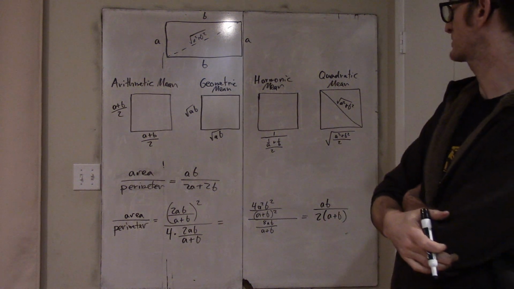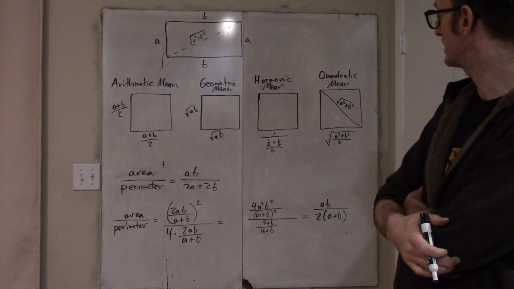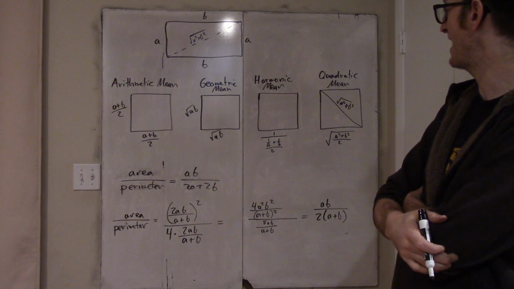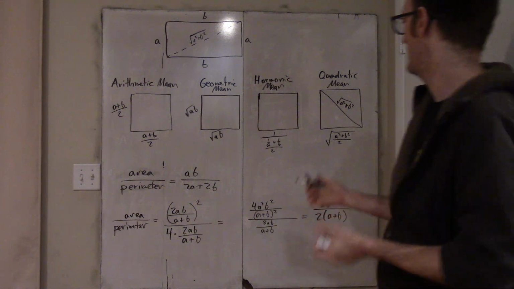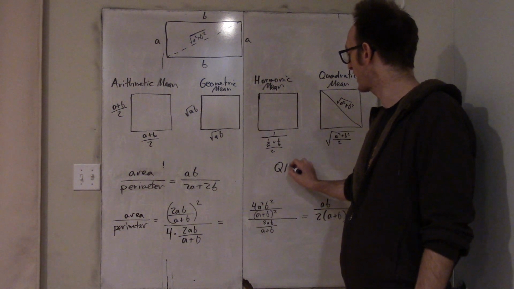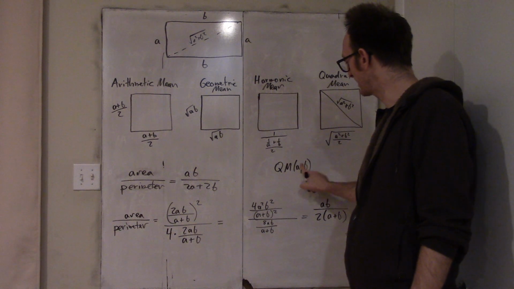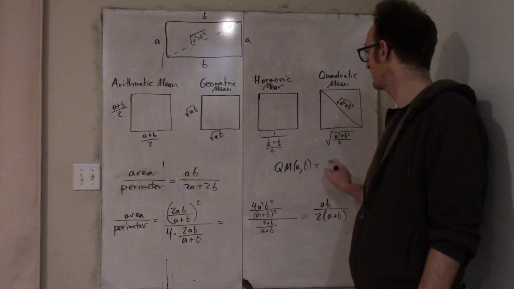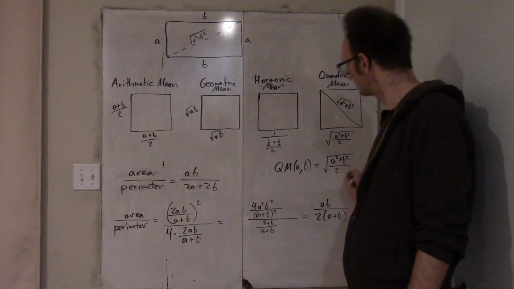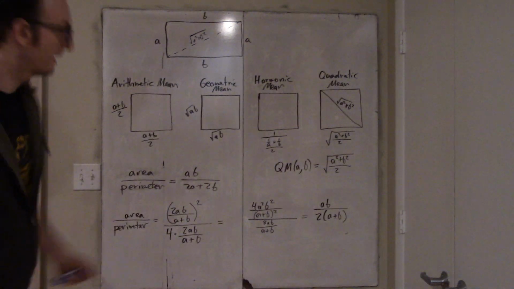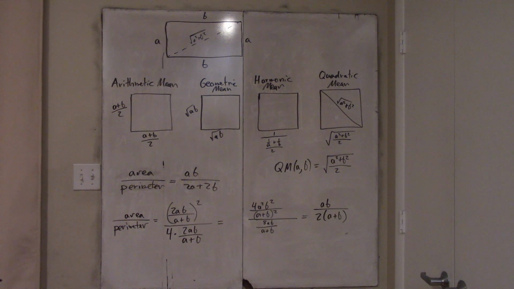I think that's just right, because when you square and add those together, yeah, that's right. I've just forgotten what the quadratic mean is, but unless I'm making a horrific error, I think the quadratic mean of two numbers is root of A squared plus B squared over 2. I hope that's right.